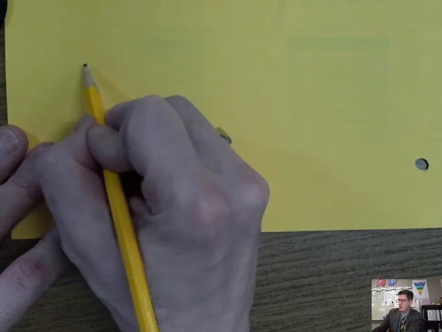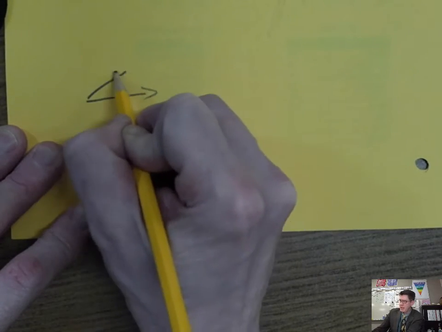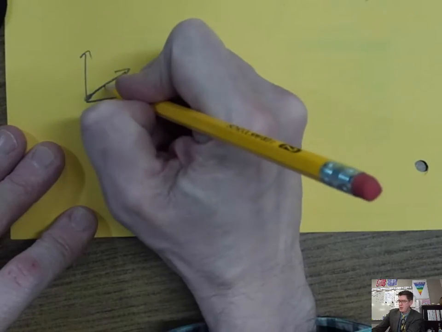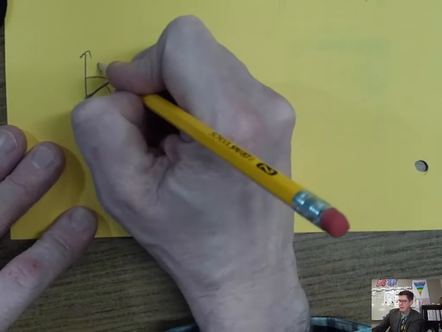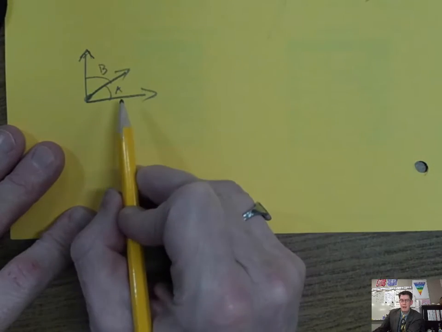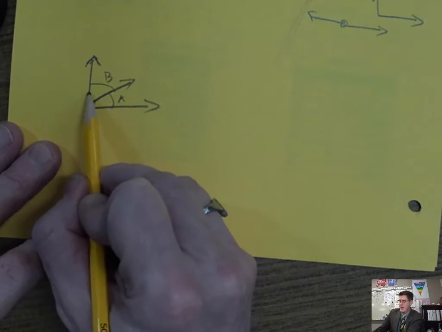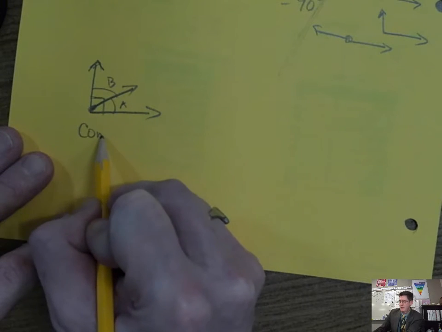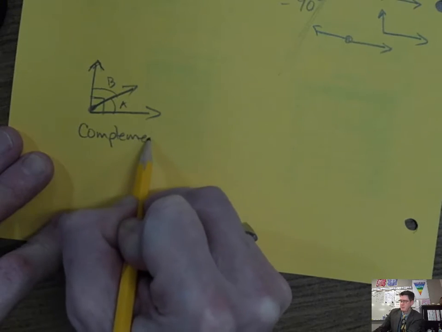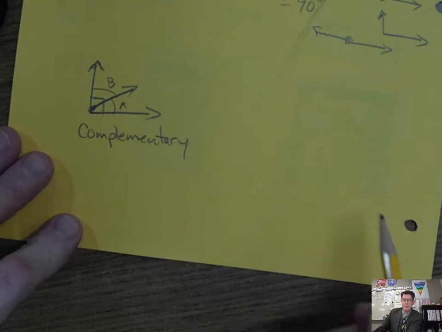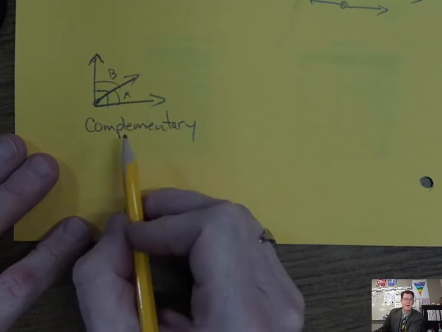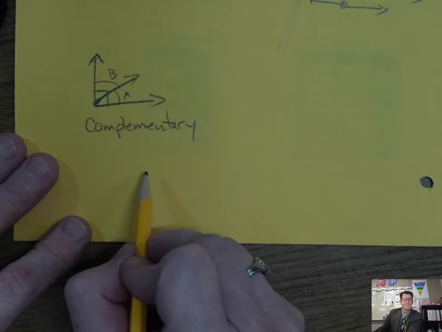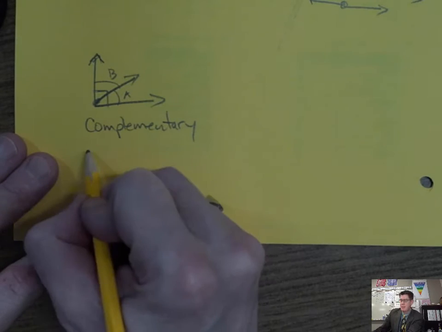If you have two angles, let's say this angle A and this angle B, and together they add up to 90 degrees, they're called complementary. Not like I'm giving you a compliment, you're really good at math. Complementary means they work well together. They complement each other.